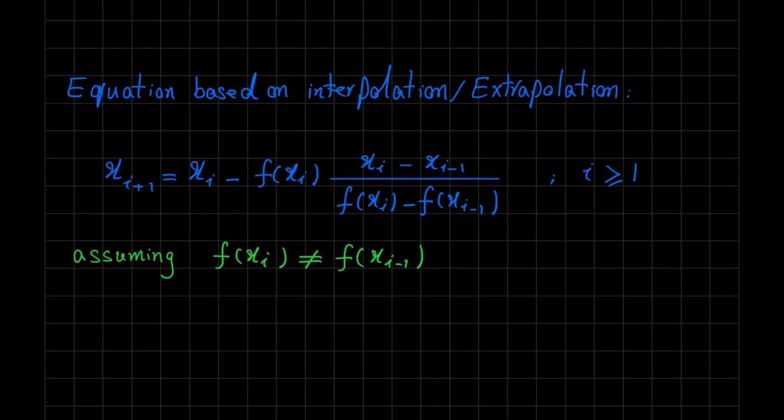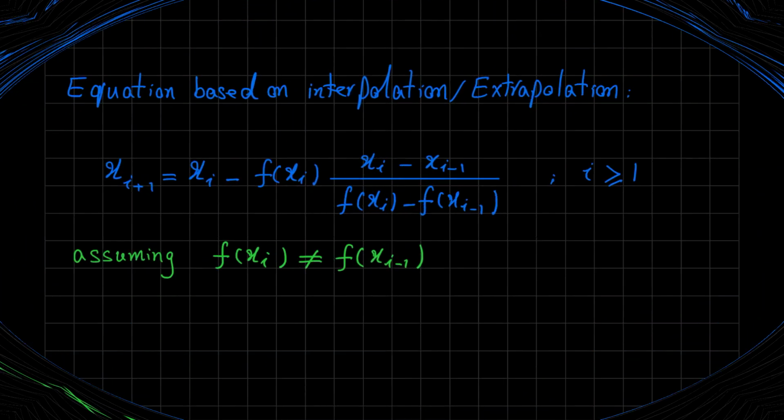Here i stands for iteration, and i should be equal to 1 or greater than 1, and we assume that f(x_i) is not equal to f(x_{i-1}), which is from the previous iteration.